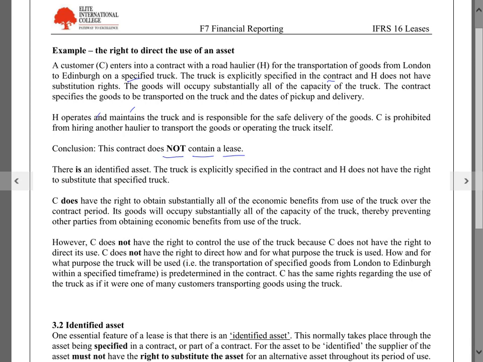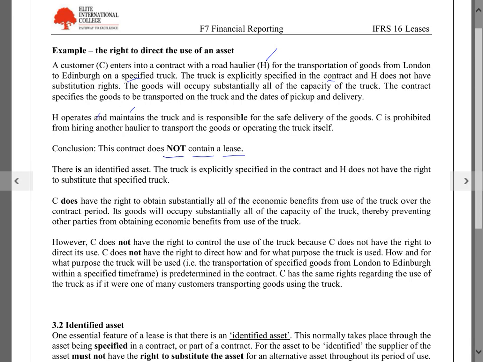The haulier operates and maintains the truck. Who has got the right to use the truck? It remains with the transporter, which is responsible for the safe delivery of the goods. The customer is not allowed, is prohibited from hiring another haulier to transport the goods or operating the truck itself.